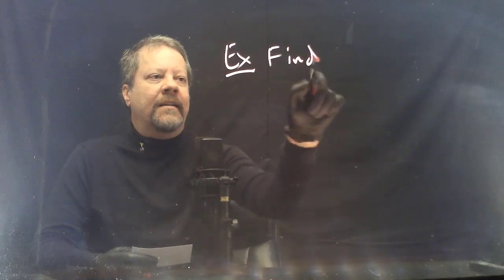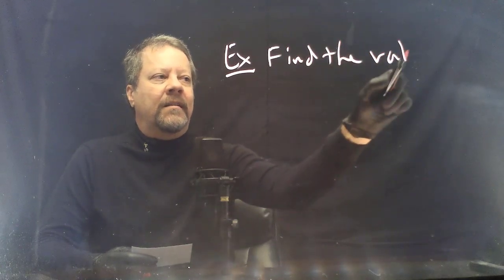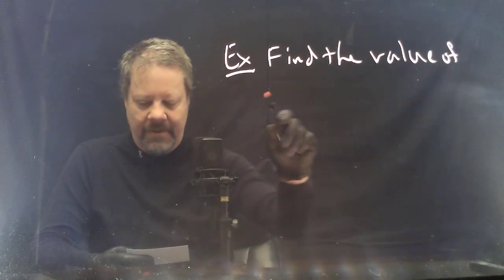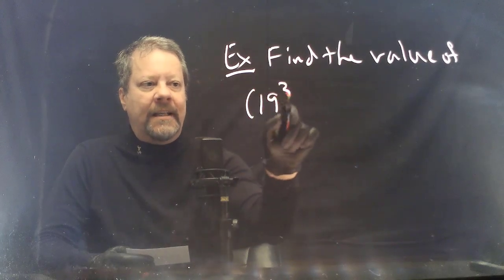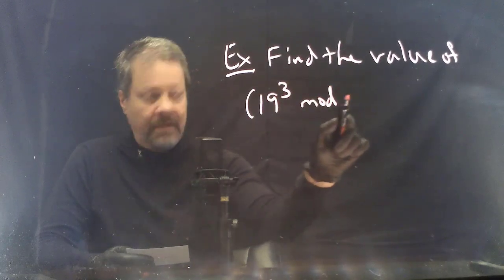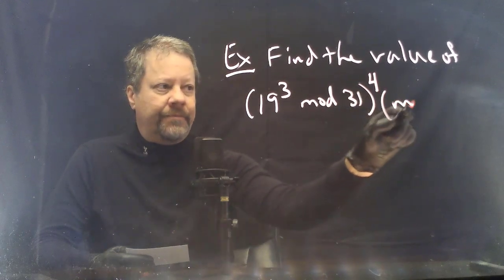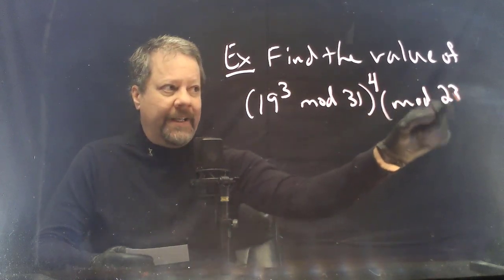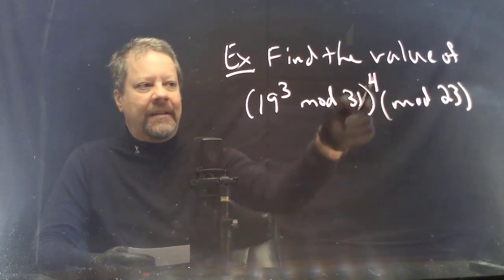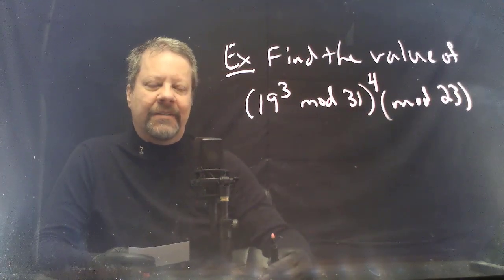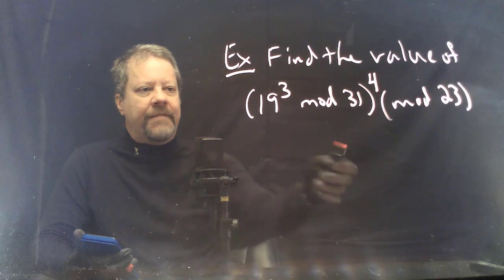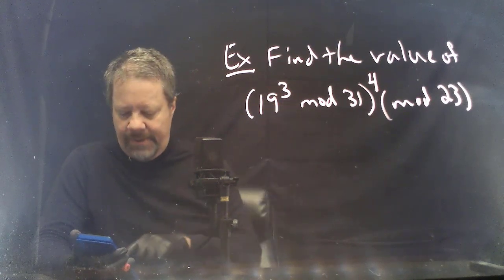Let's find the value of 19 cubed mod 31 to the power of 4 mod 23. So we'll calculate this and then take it modulo 23. To do this, I first need to calculate 19 cubed.